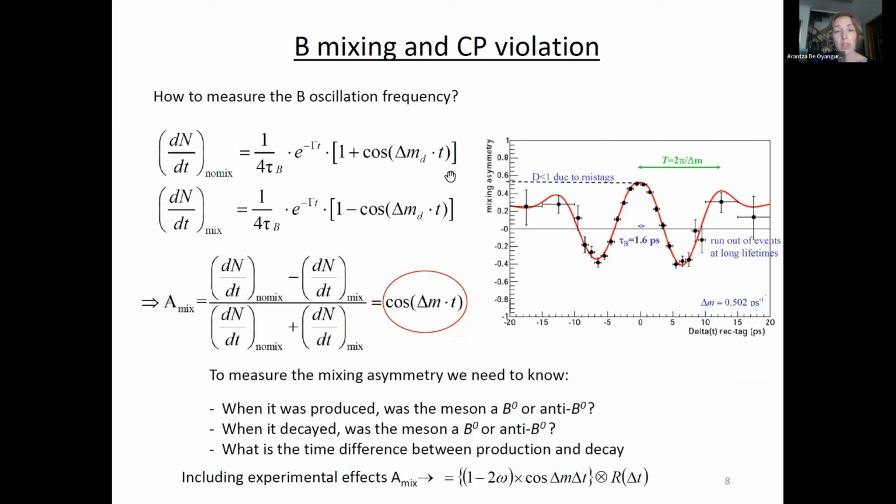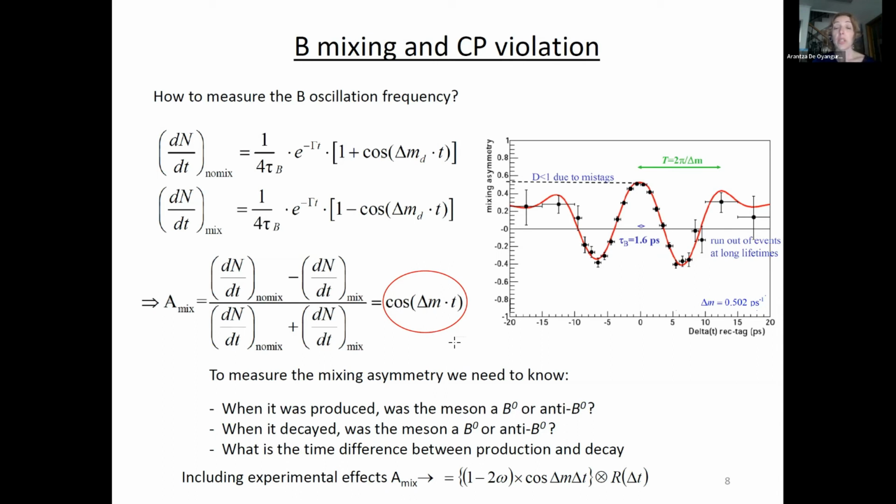It is shown here. This is the dependence on the oscillation frequency, the delta M. And when you do just the asymmetry, what is called the mixing asymmetry, between these two equations, you have this, which is just sensitive to the cosine of delta M times t.